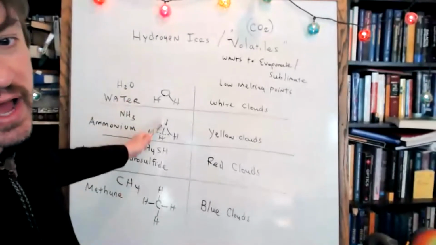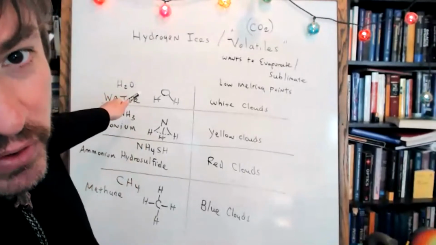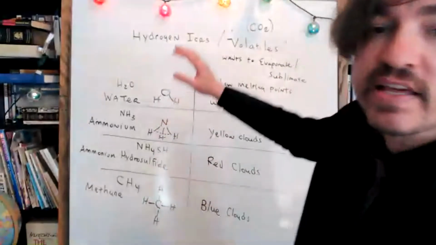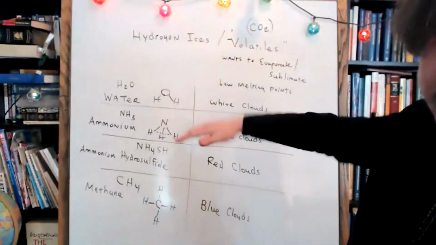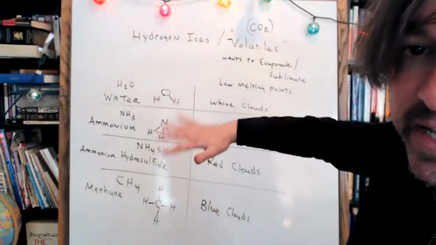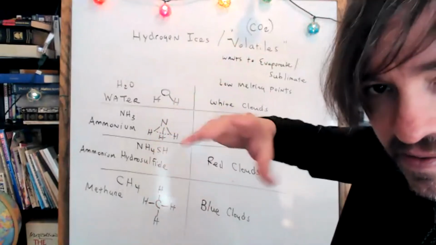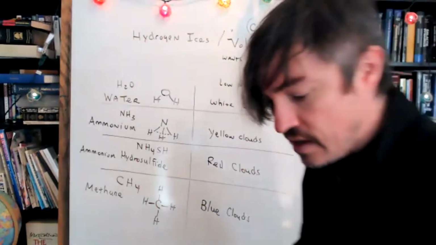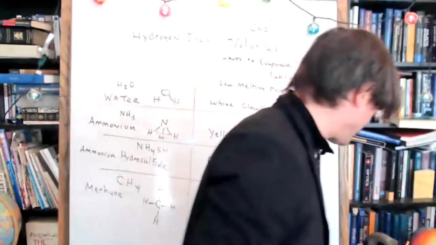Now, these do not all have the same freezing point of water, which is 160 Kelvin in space. But what makes hydrogen ices volatiles is the fact that they all have a kind of similar temperature at which they will condense into clouds. They're lower temperatures. Let's compare that to, say, granite rock.